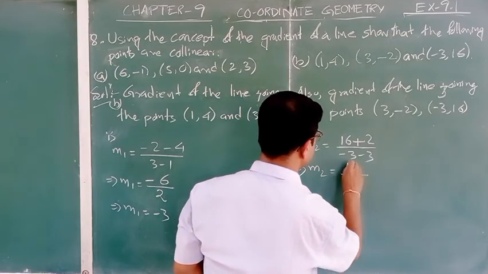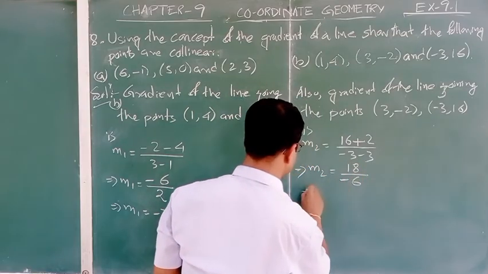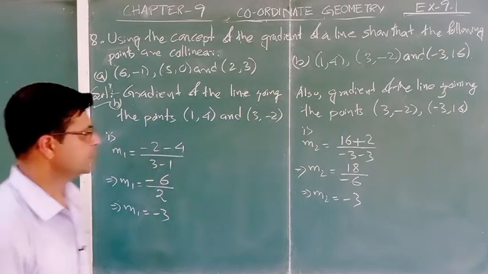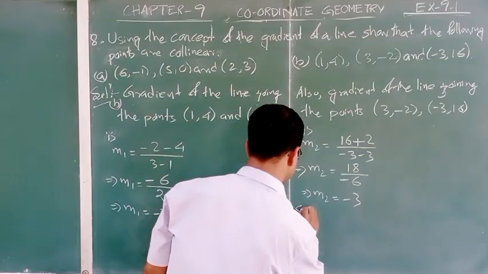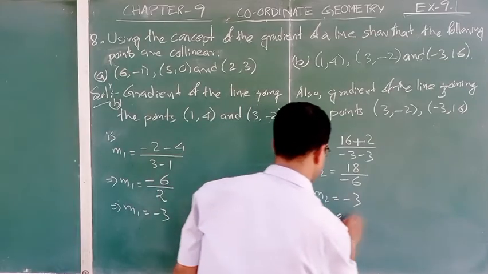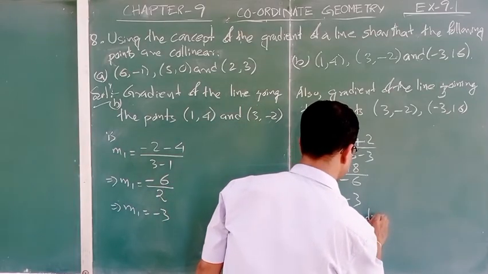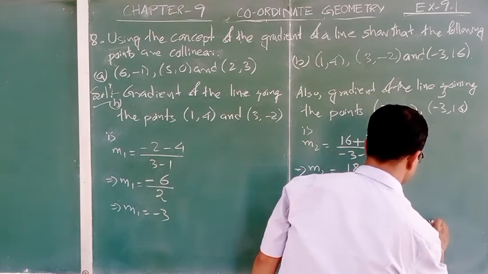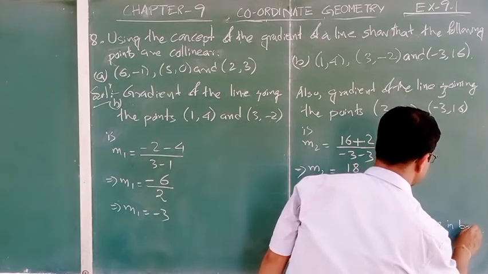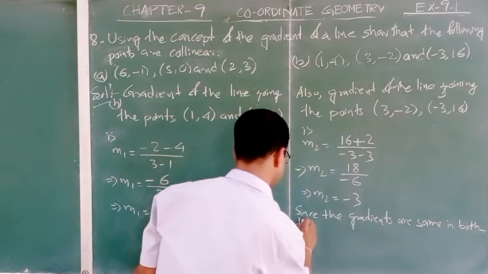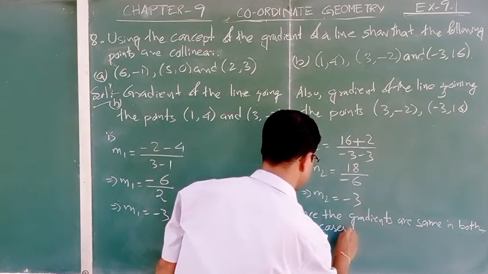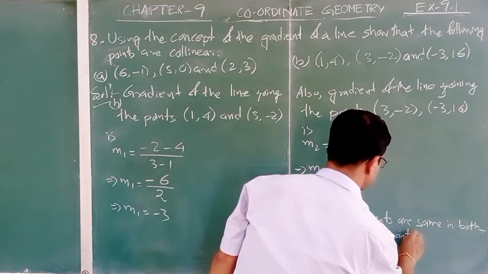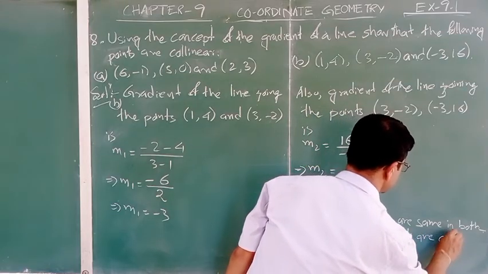So m2 is 18 over minus 6, m2 is equal to minus 3. Again here the slopes are the same. Since the gradients are the same in both the cases, the points are collinear.